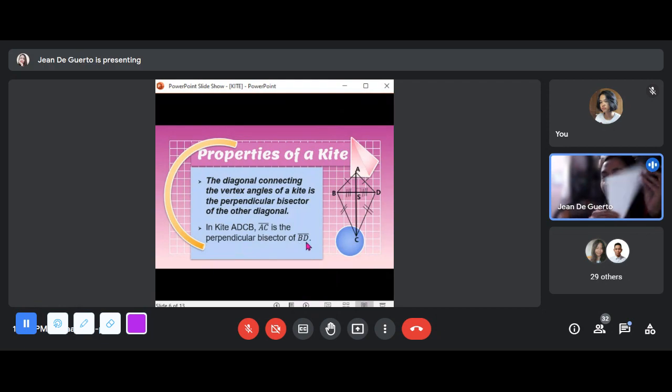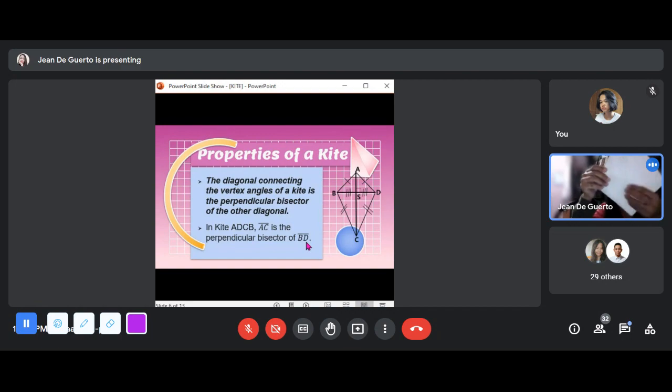If you want a proof, let's go back to my kite. If this is our symmetry line, this is one diagonal. It connects the vertex angles of our kite. This is the first vertex angle, and this is the second vertex angle. So this is one diagonal. When I fold it, they intersect. So the measurement of this part and this part are equal. Nothing extends beyond, nothing is lacking. They have equal measure.